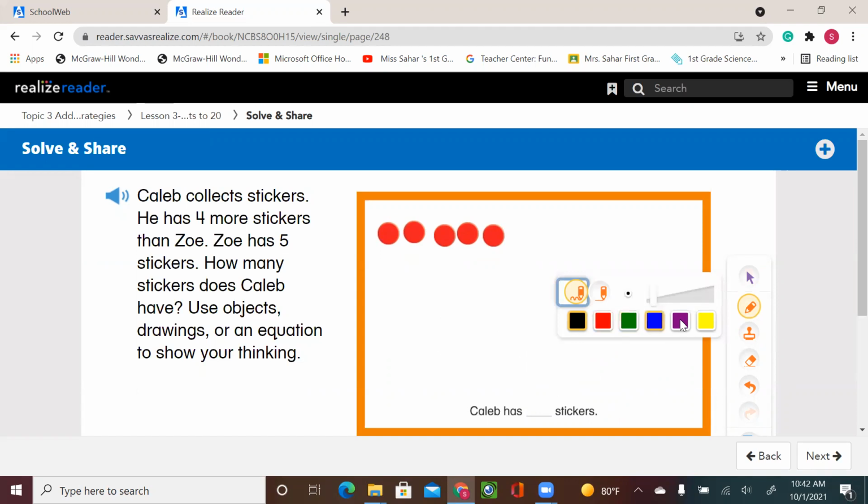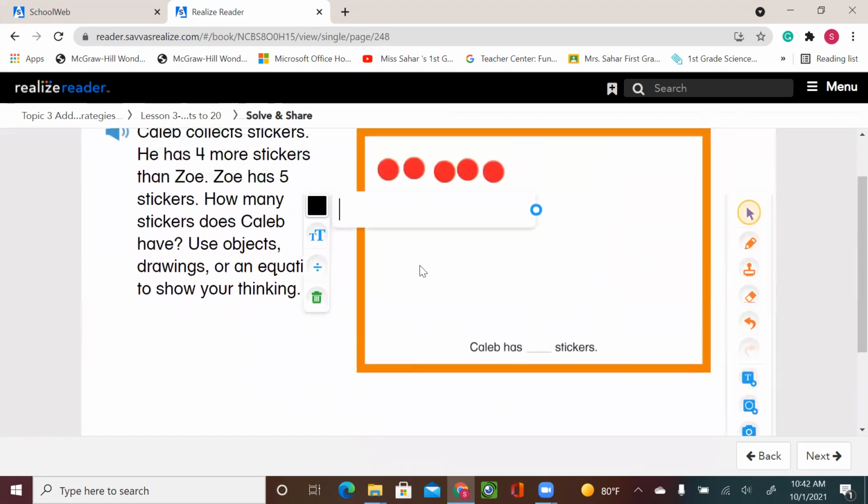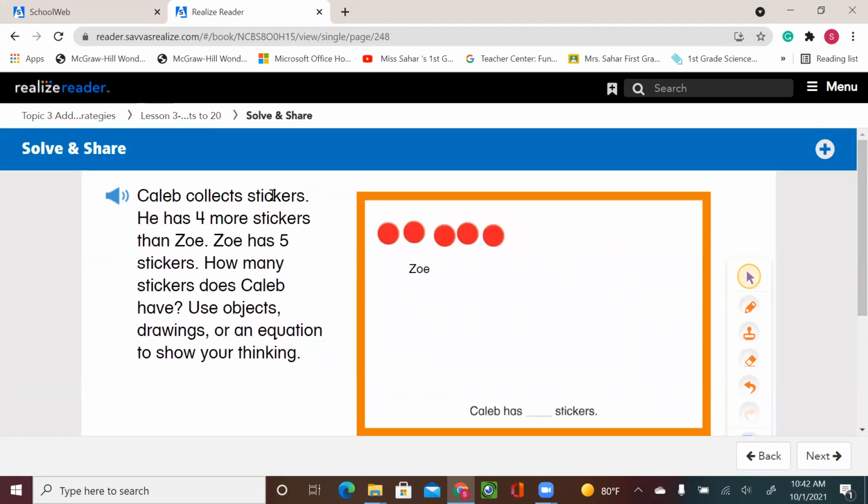All right. And that's Zoe. Okay. Go back to my sentence and try to find the rest of the information. Caleb collects stickers. He has 4 more stickers than Zoe. So now I know that Zoe has 5 and Caleb has 4 more.